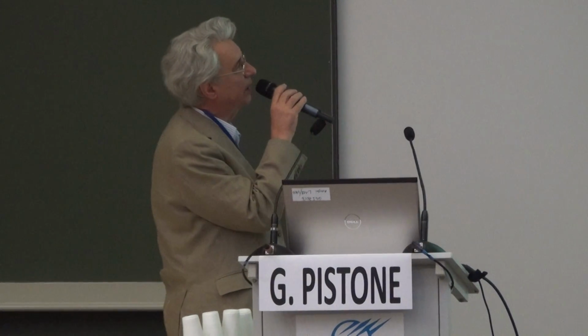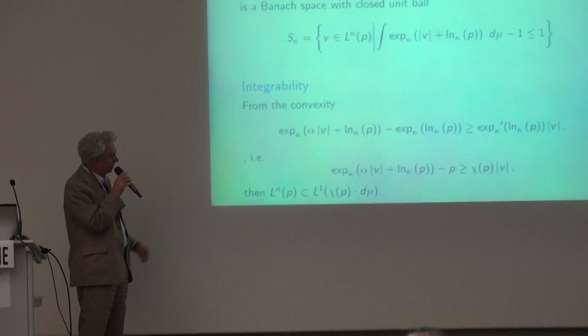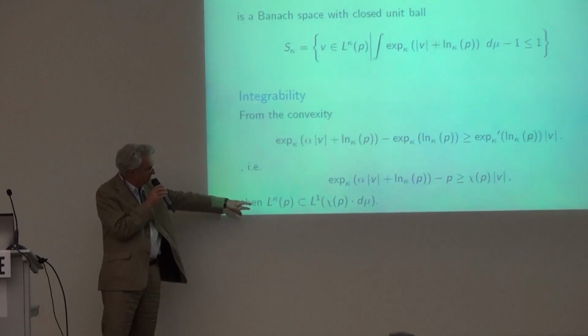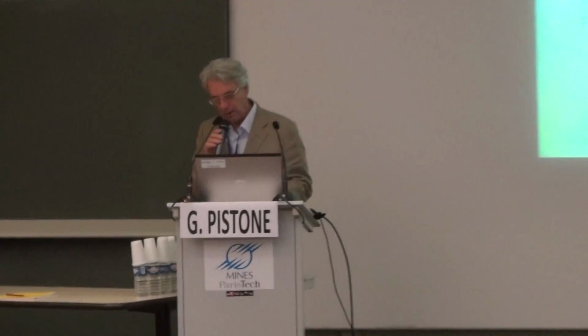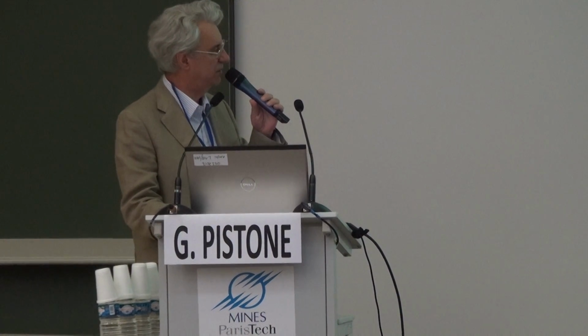Now, what do we do? We do the following. We want to construct the space we have defined, made of functions which are integrable with respect to a transformation of the original density, chi p, usually called the escort density.